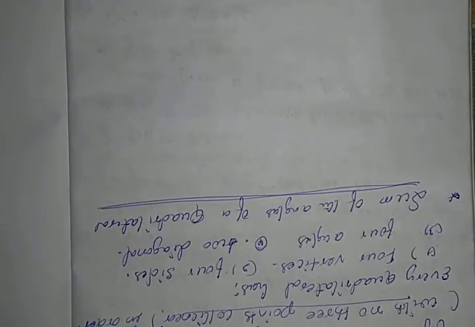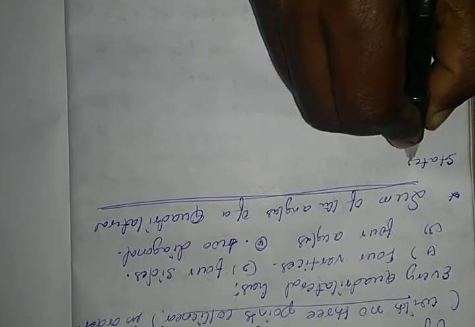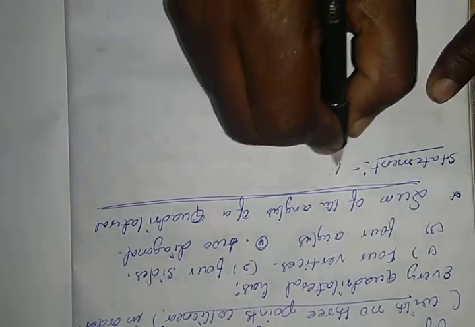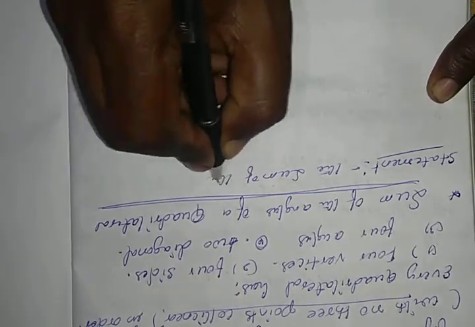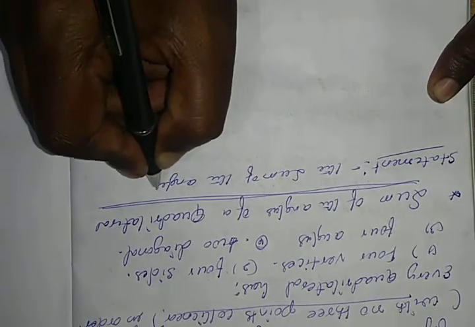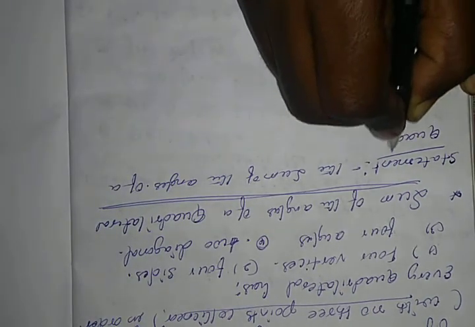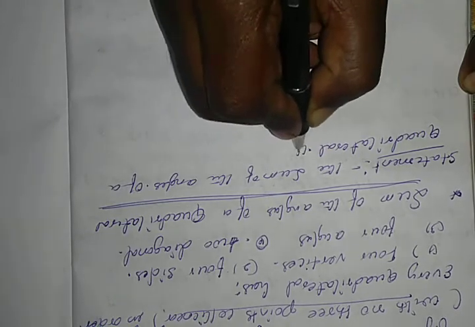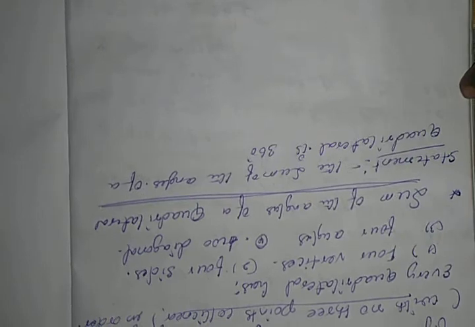So the sum of the 4 angles is equal to 360 degrees. So the statement is: the sum of the angles of a quadrilateral is 360 degrees. Let us draw the diagram.